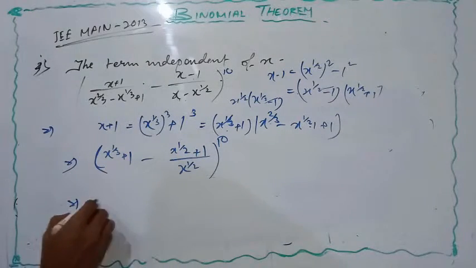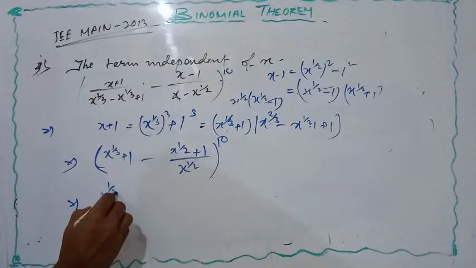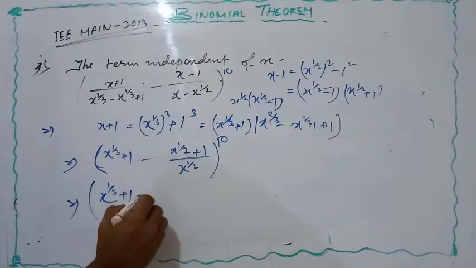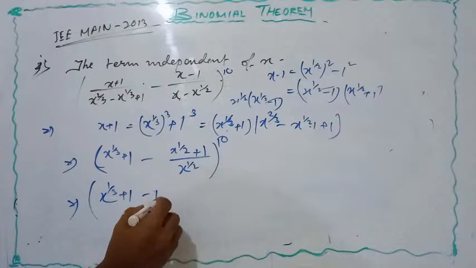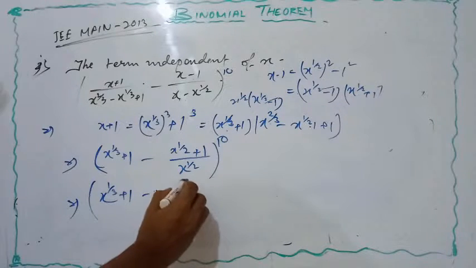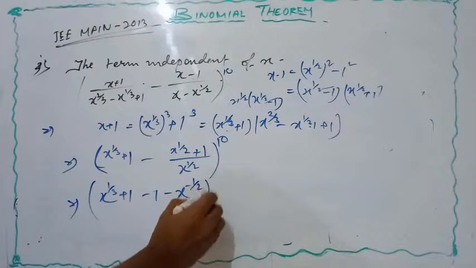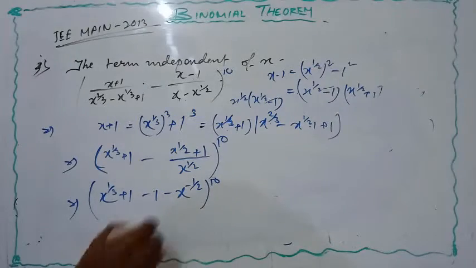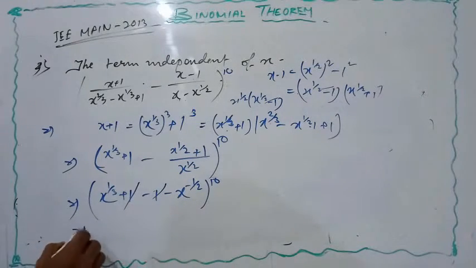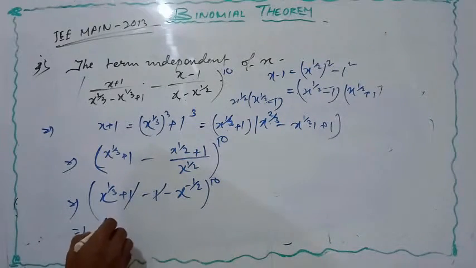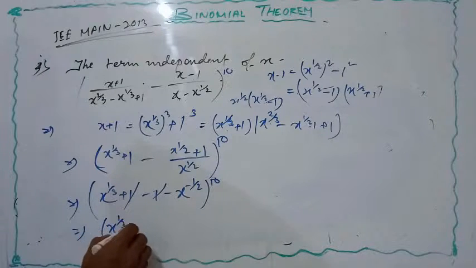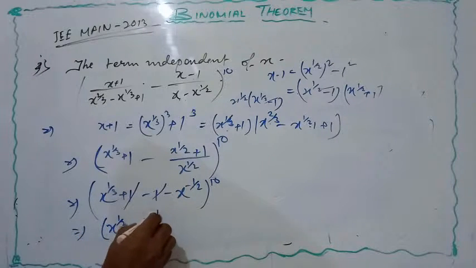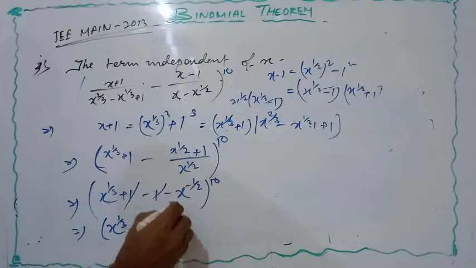That is nothing but x to the 1 by 3 plus 1 minus 1 minus x to the power minus 1 by 2, to the power 10, right? So 1 will get cancelled out. So the remaining term is x to the power 1 by 3 minus x to the power minus 1 by 2, whole to the power 10.